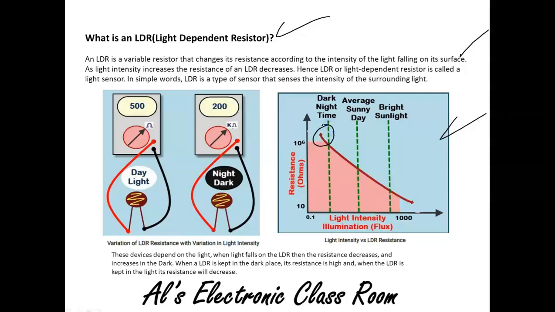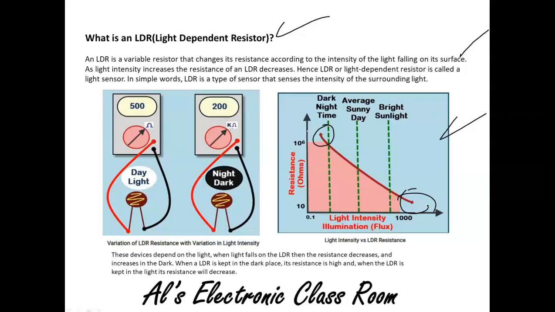As I bring it out to the daylight, or increase the amount of light applied to the LDR, the resistance gets lower. So this LDR has a high resistance with the absence of light, and the resistance decreases as we increase the brightness or intensity of the light.